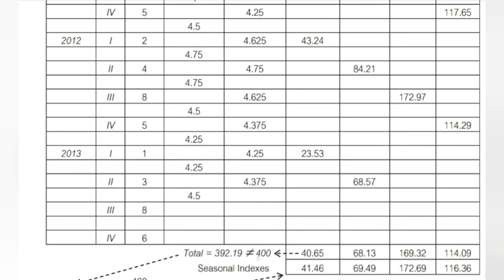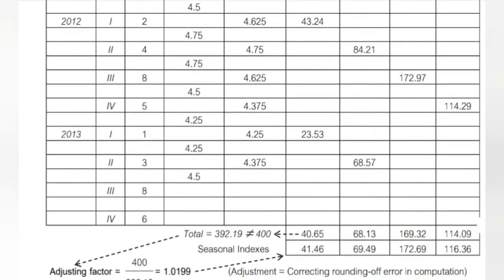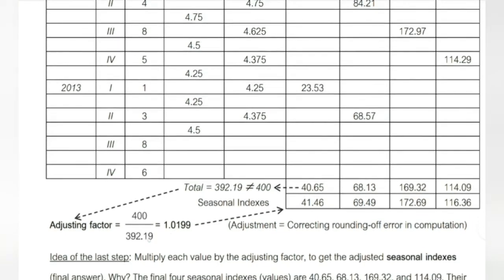So how can we fix this? The easy way is we will compute the ratio of each value to the average again. Therefore, what is the average? 392.19 by 4. This is the average value.